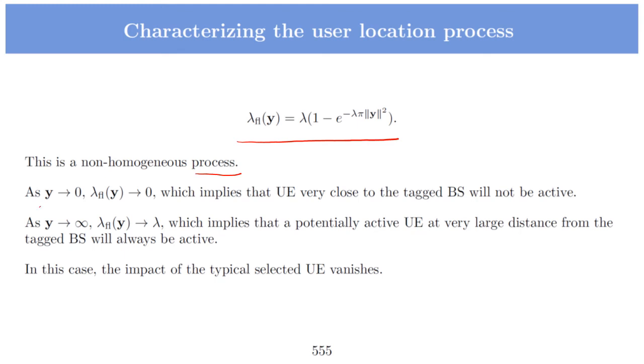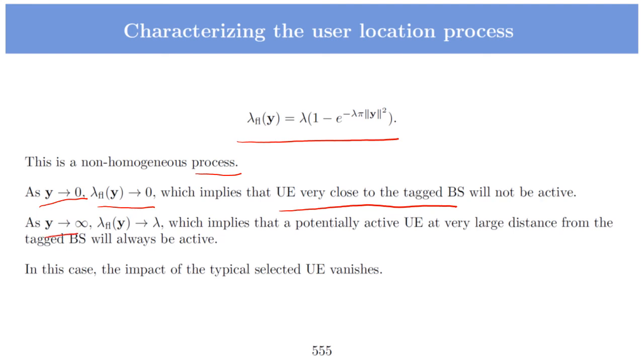If you put y tending to 0, you will see this is 0, which implies that a UE very close to the tagged base station will not be active. I mean, it will have a very low probability to be active. And that is correct, because if the UE is very close to the tagged base station, then it will be associated with the tagged base station and then it cannot be active.